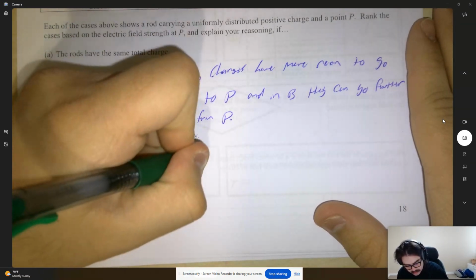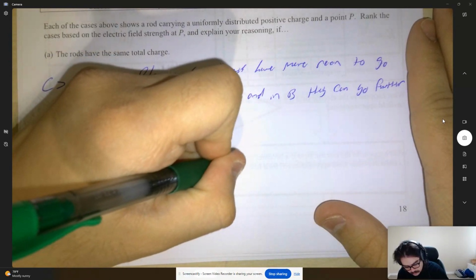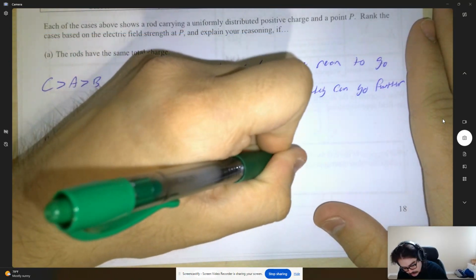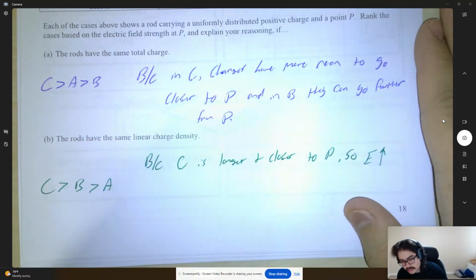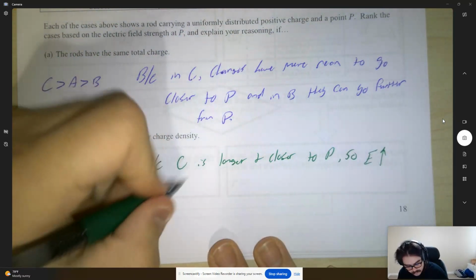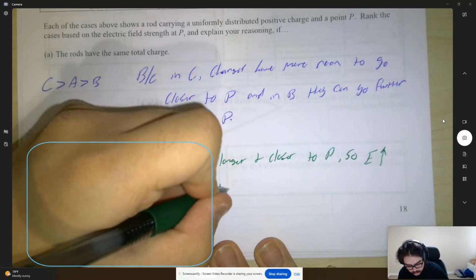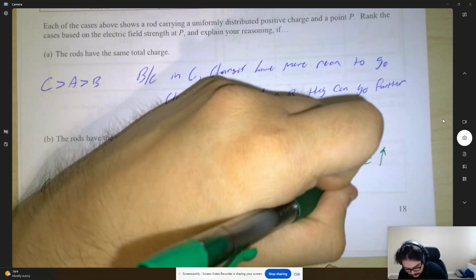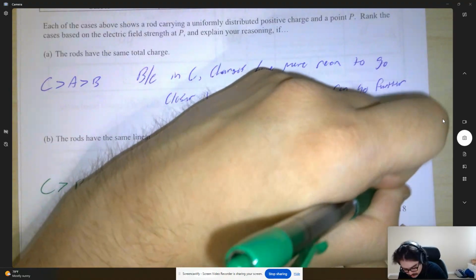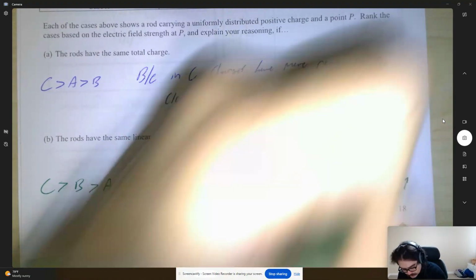Because C is longer and closer to P, so E field goes up. B is longer but further from P, so E field goes up.